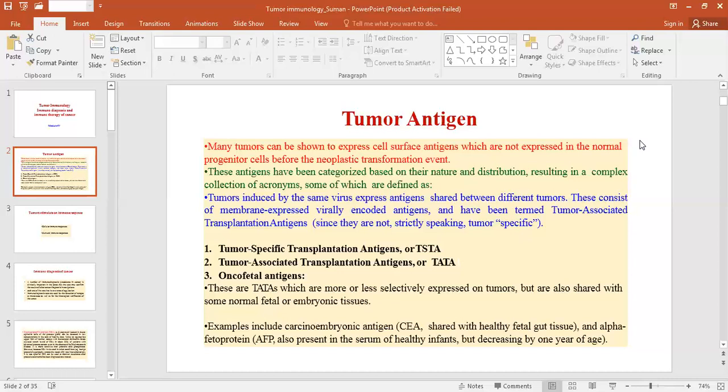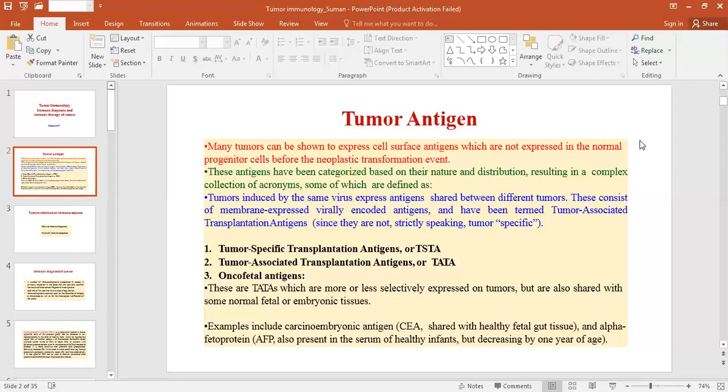So these are TATAs which are more or less selectively expressed on tumors. Alpha-fetoprotein and carcinoembryonic antigens are examples of these antigens, which are found in hepatomas and colonic cancers.